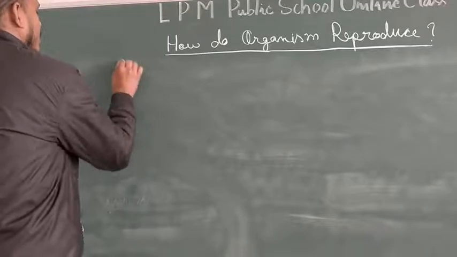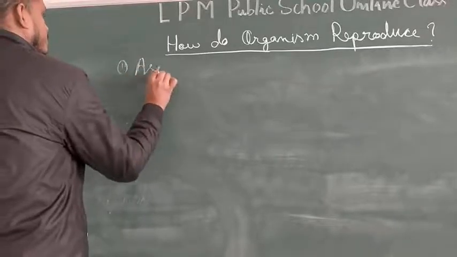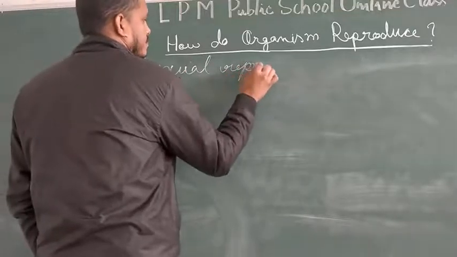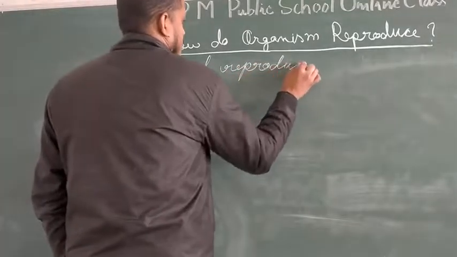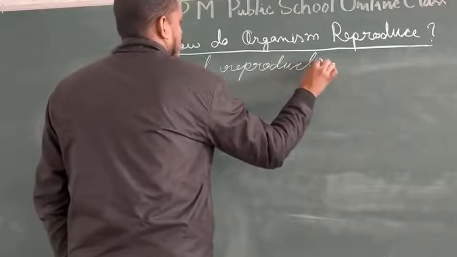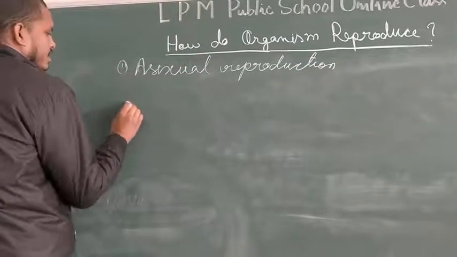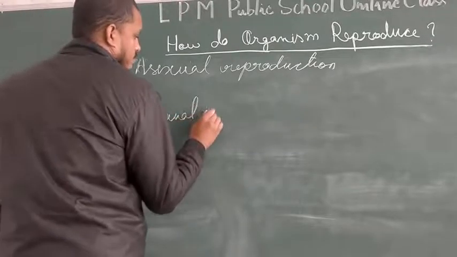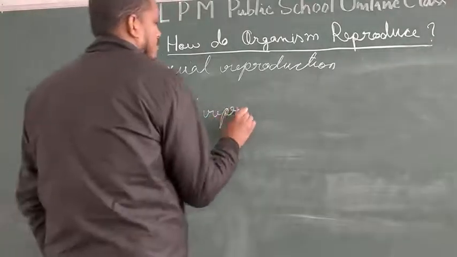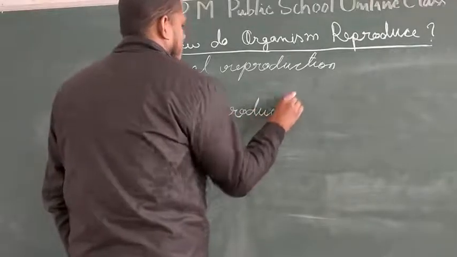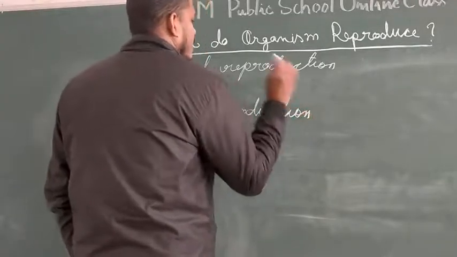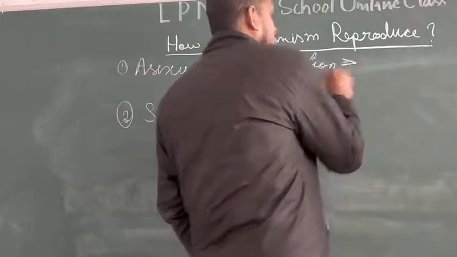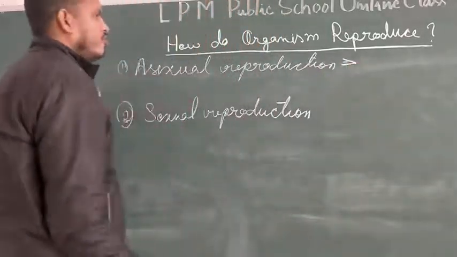One is asexual reproduction, and another one is sexual reproduction.